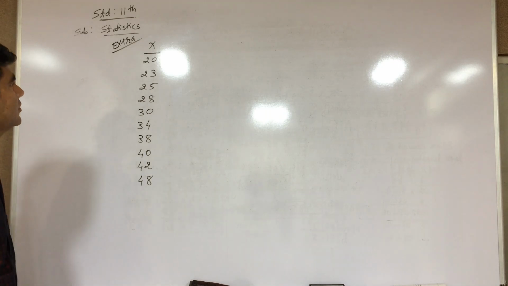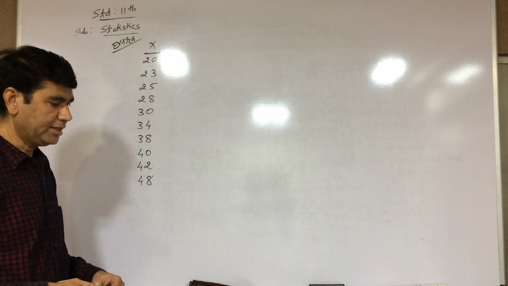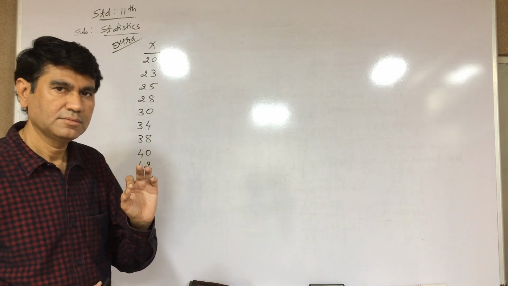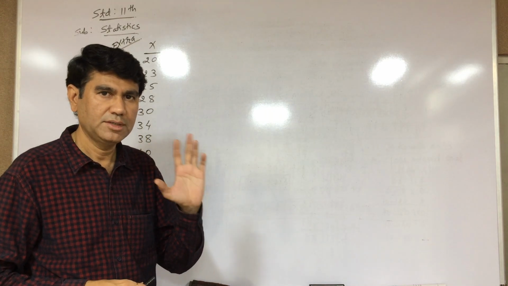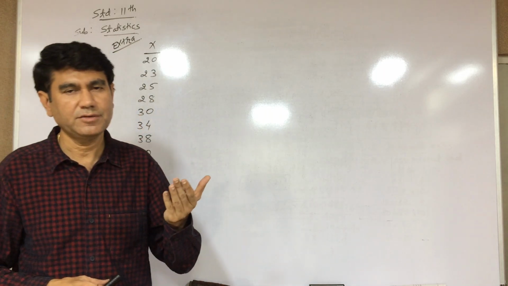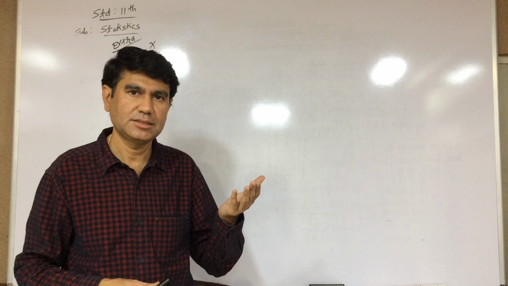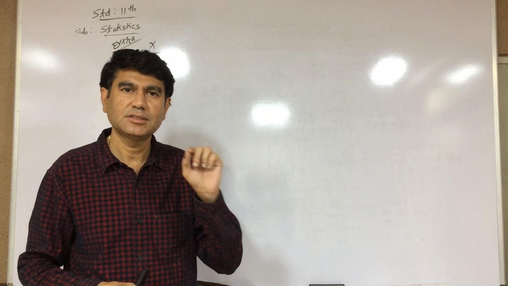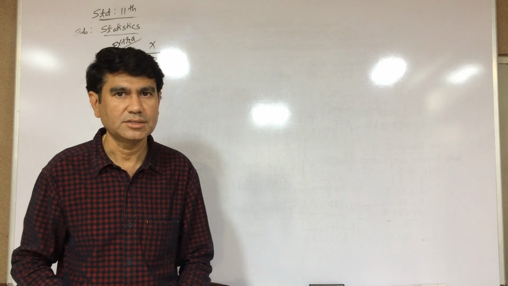Okay, this is the format of question. I repeat, if you are given only observations, it's called ungrouped data. If you are given observation with frequency, it's called discrete series. And if you are given class interval and frequencies, it's called continuous series.